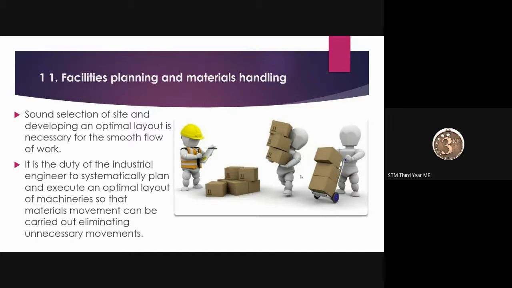Next comes material handling. You know what materials are involved in the industry. There may be raw materials, work in process products, and components provided through subcontracting. So many materials are there, right? We have to control or handle such materials, and we can't buy all this material and dump it in one place.